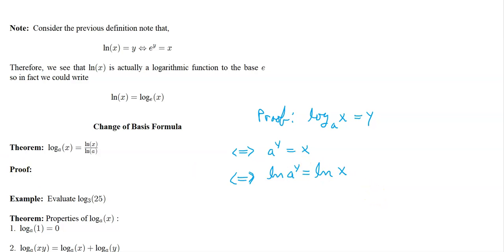Now notice we can drop this y out of the exponent here by properties of the natural logarithm, and we get that this is the same as, and now we're just going to divide this quantity underneath the natural log of a, and we obtain that.